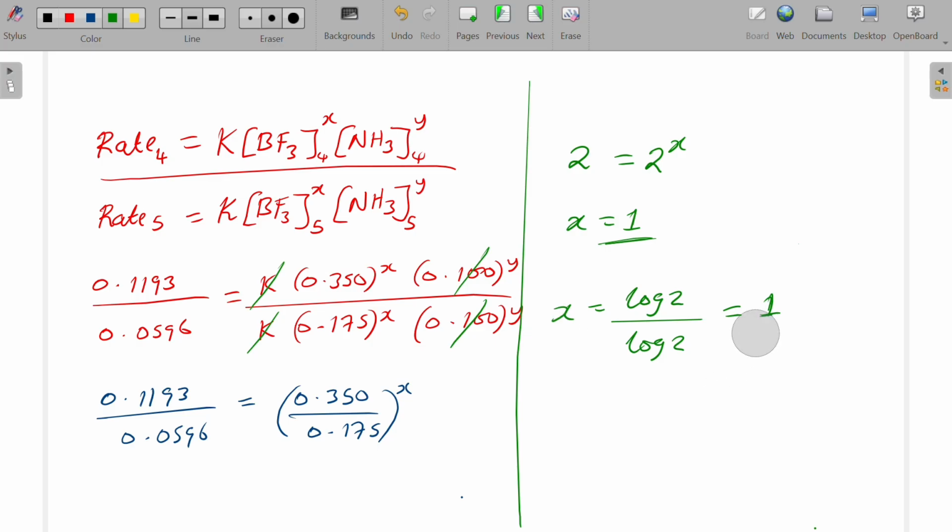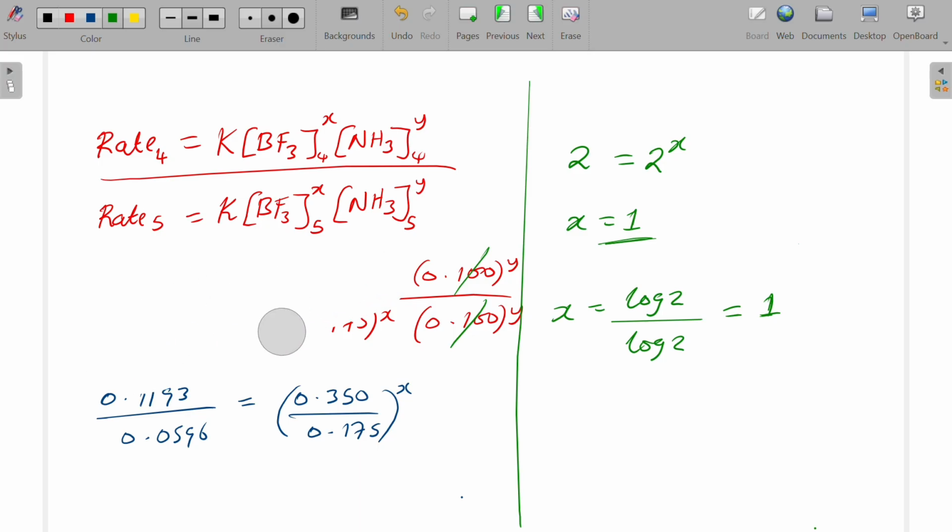So this implies that, according to reactant BF3, the order of reaction is first order, which is 1. Where we have x here, the value of x is 1. So we have determined the value of x.